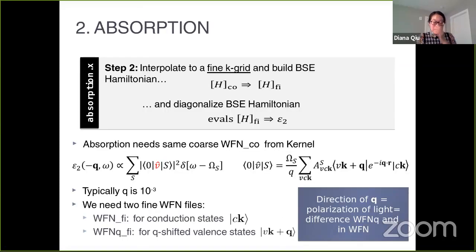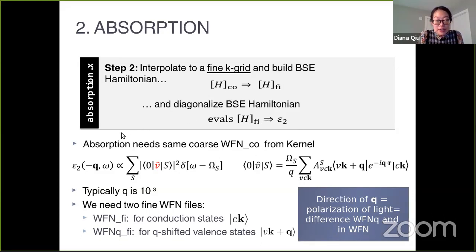So the next step is then to do the absorption calculation. In the first part of the absorption calculation, you're going to be interpolating from a coarse K-grid to a fine K-grid to build the BSE Hamiltonian, and then diagonalizing the BSE Hamiltonian.